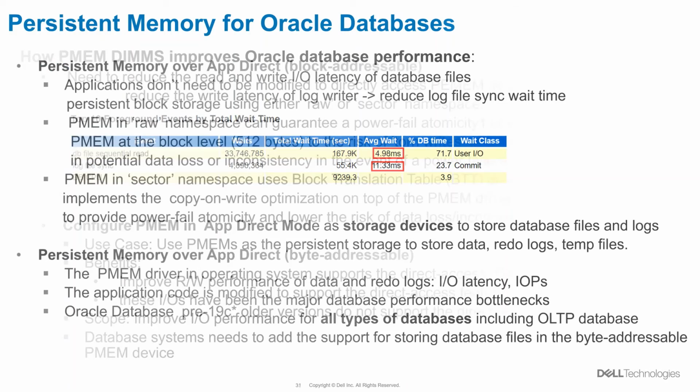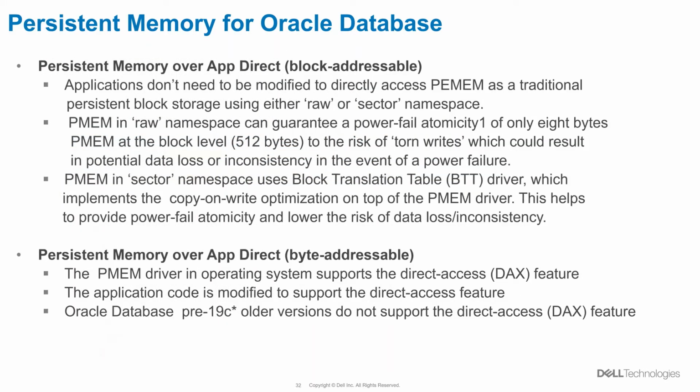So let's come back to what exactly block-addressable means for PMem. As mentioned, when you configure PMem, you can force it to be configured as a raw device or sector device. It is possible, but if you do that, you have a huge problem: the potential risk of losing data.